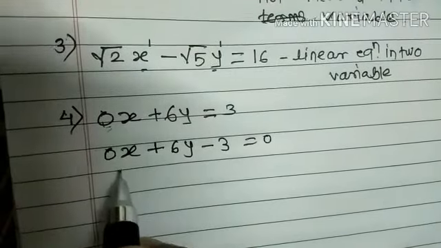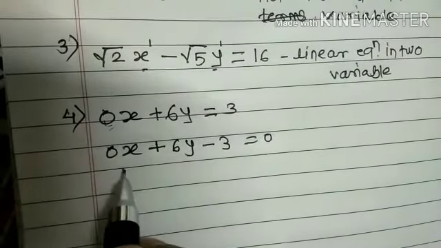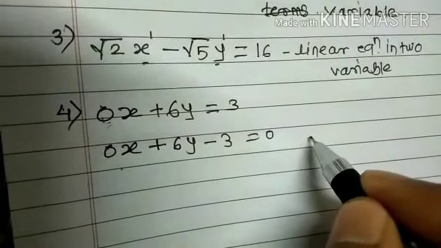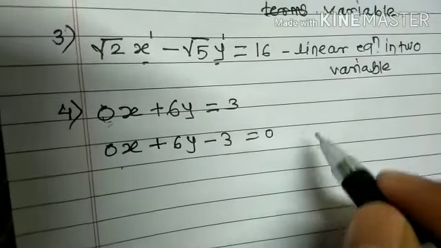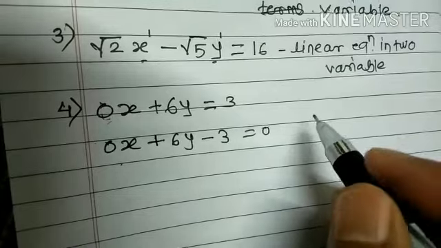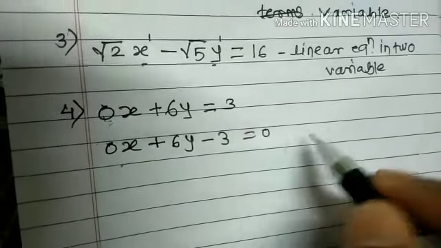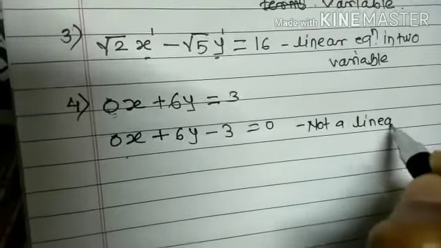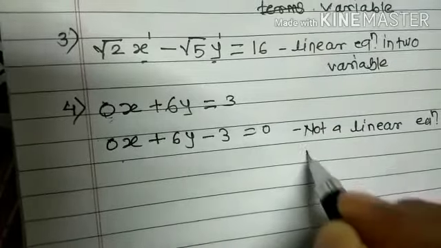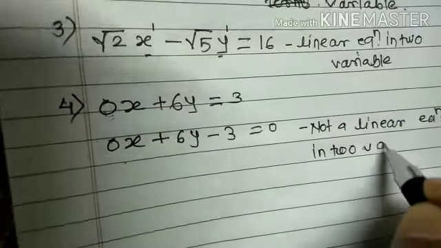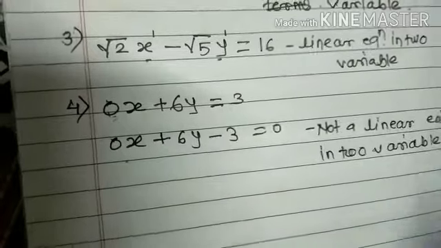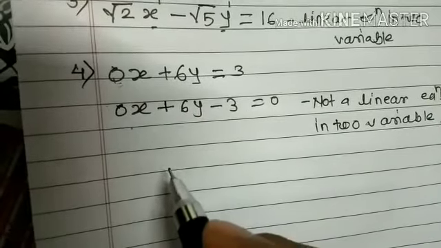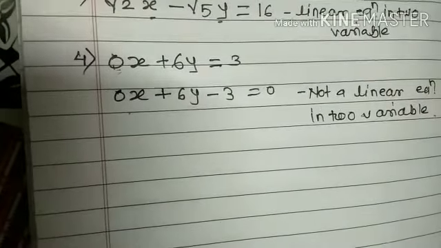In this example the two terms given are: first term is 0x and second term is 6y, but in the first term the coefficient is 0 and hence only one variable y remains, and hence this is not a linear equation in two variables. Now in this way solve many examples in our notebook.